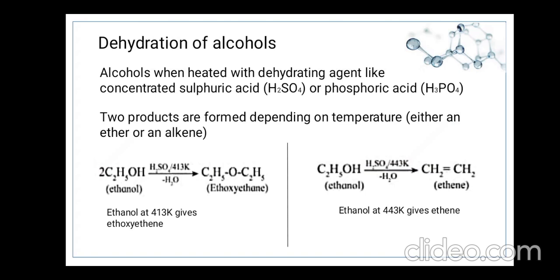Now the condition for formation of ether is that the temperature has to be low. The alcohol has to have less steric hindrance, that is, less crowded. And students, this follows an SN2 mechanism. So this reaction follows an SN2 mechanism.